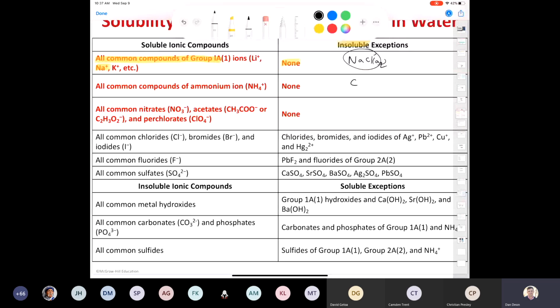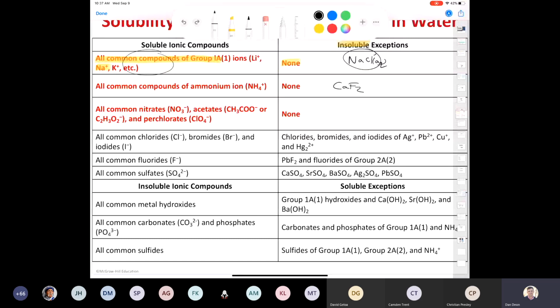Now, calcium fluoride, let's see about that one. Where would I find calcium? There's nothing here about calcium. Common nitrates, no. Common chlorides, bromides.